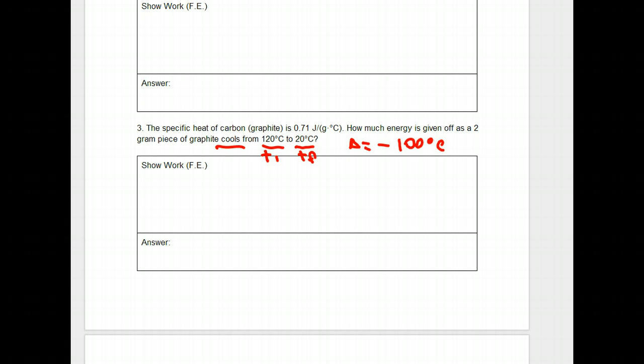So let's write out our knowns in a for every statement. So we know the specific heat for every 0.71 joules to get 1 gram of the graphite to move 1 degree Celsius.